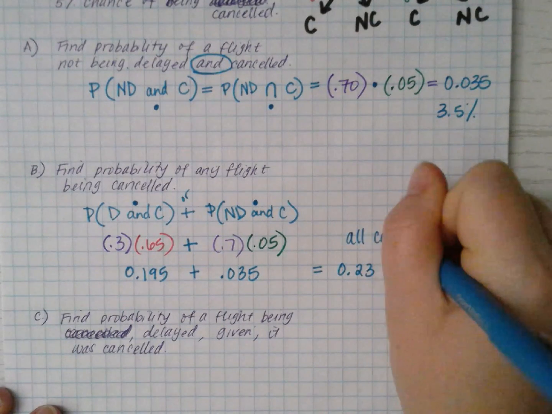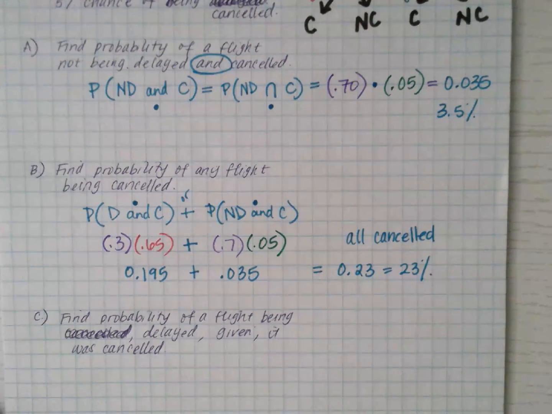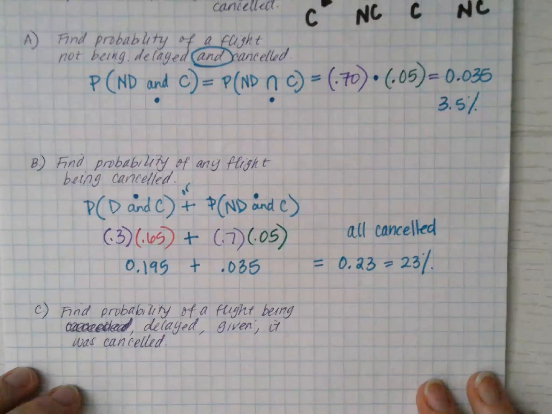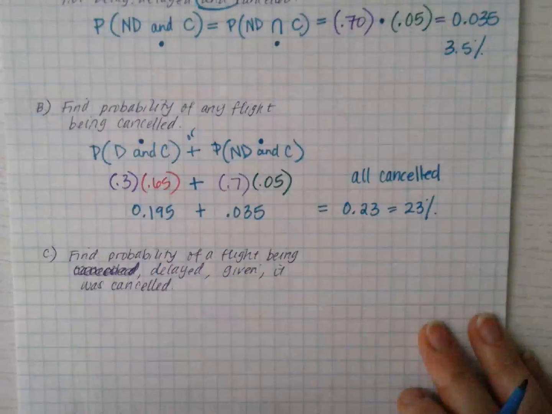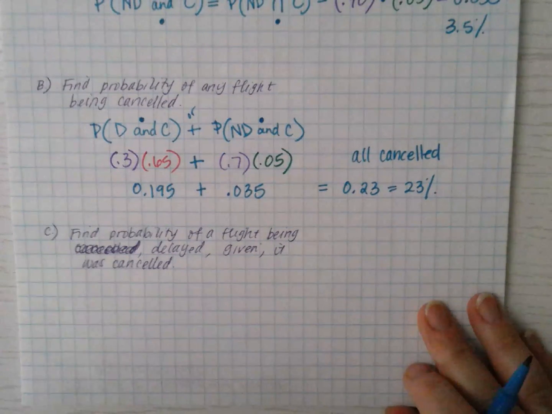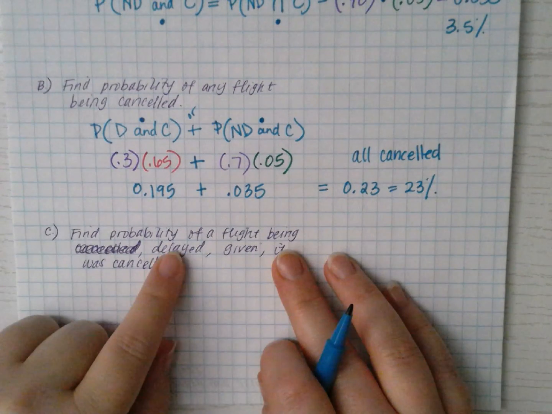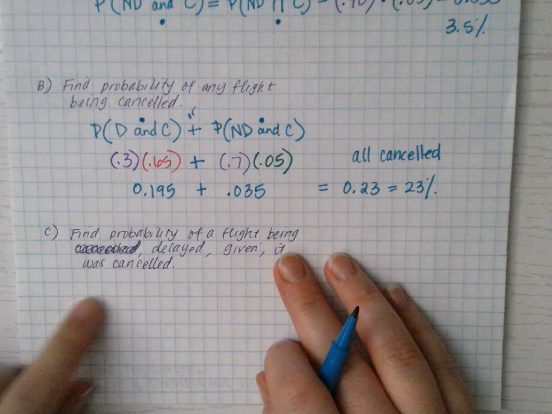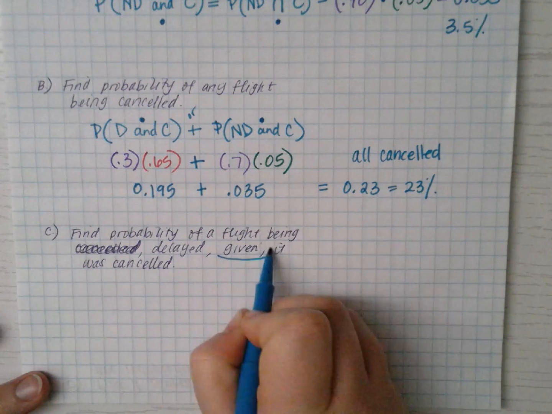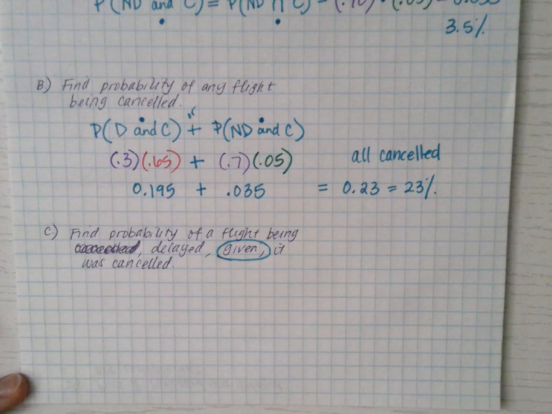All canceled flights. All right. My next one, topic C, is find the probability of a flight being delayed given it was canceled. So this given is a condition. So let's look at what that means.